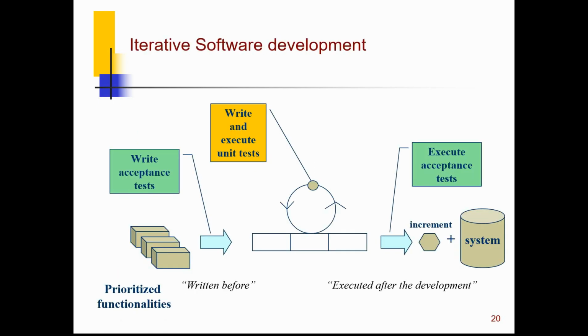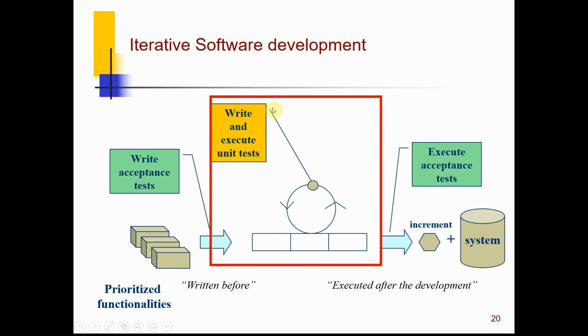This gives you iterative software development. Here we write the acceptance testing, and then we write and run the unit testing, and we do this iteratively, making sure the code you have written passes the unit testing, and then you move on.